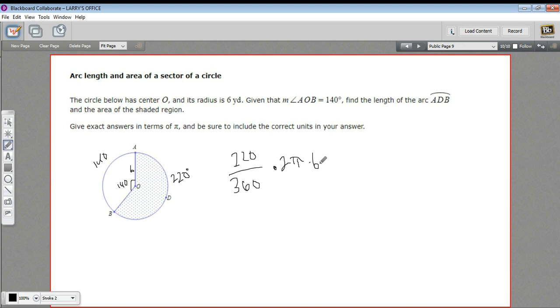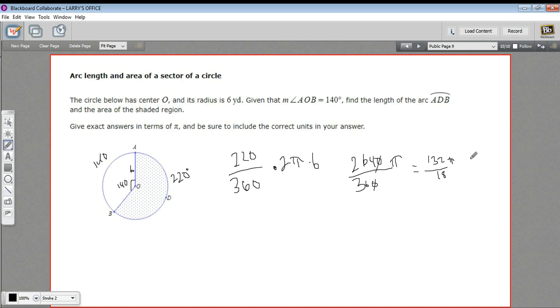So we've got 12 times 220. So that's 2640 pi over 360. And I'm sure we can do some simplification here. We can take a 10 out of that. Let's see, we can divide both of those by 2. So that's 132 pi over 18. We can divide by 2 again.